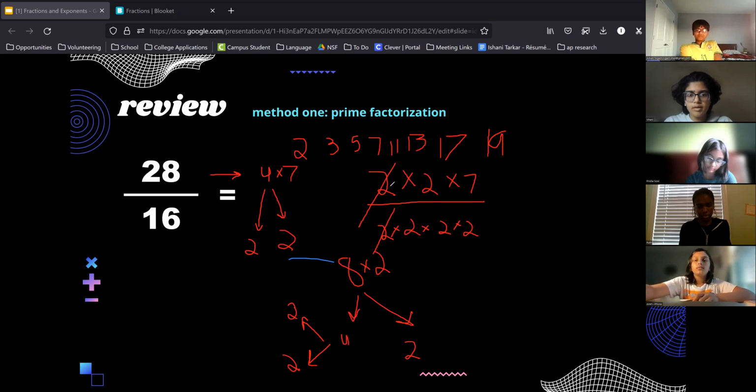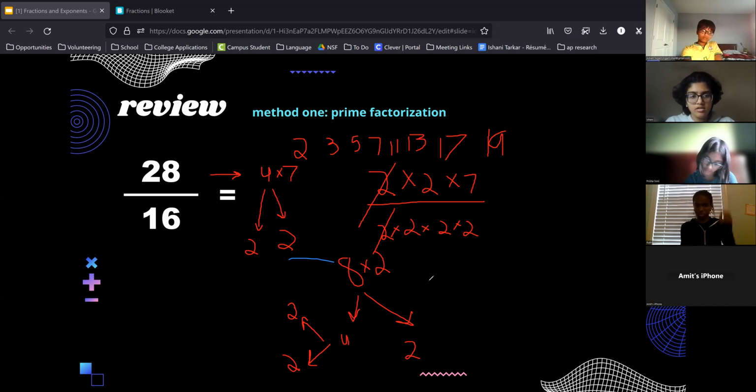We have one pair of 2 in the numerator and denominator, so they divide out. Think about 2 divided by 2, that is equal to 1 because we can divide both the top number and the bottom number by 2. We do that for all the shared numbers in the top and bottom, and we get 7 over 2 times 2.